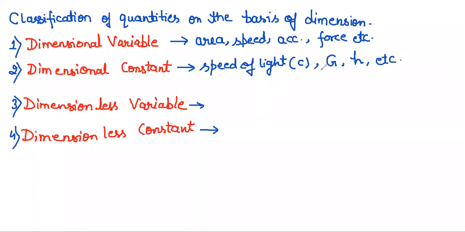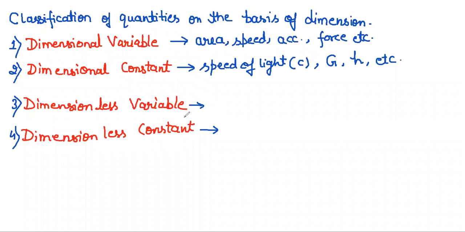All of these are constants and they also have dimensions. Third, dimensionless variable. For example, any quantity which is the ratio of two same type of quantities, like we have seen for refractive index, it is the ratio of speed to speed, so it will be dimensionless.